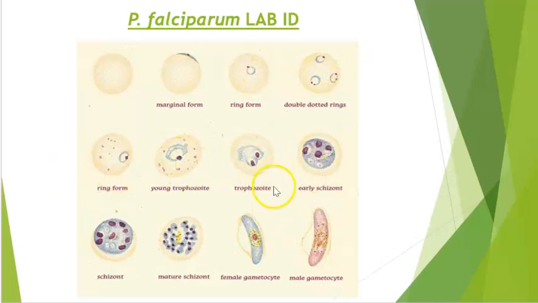Here's this early schizont form, and the mature schizont, and all those little red dots, remember those are the merozoites. And falciparum can have anywhere from 8 to 24. And then finally here is the sexual reproductive phase. Here's the crescent shape of the gametocyte for Plasmodium falciparum.